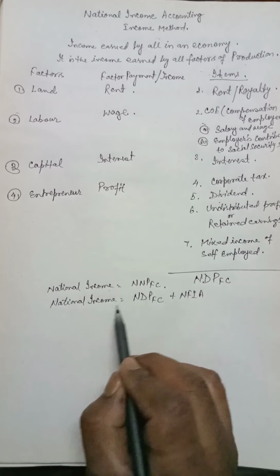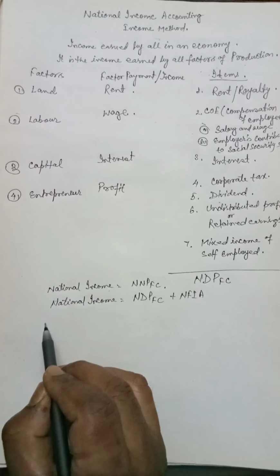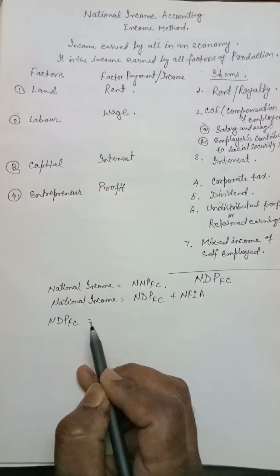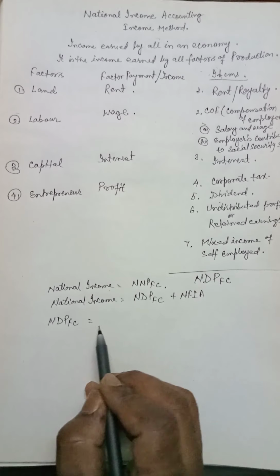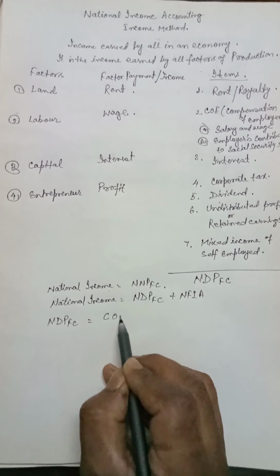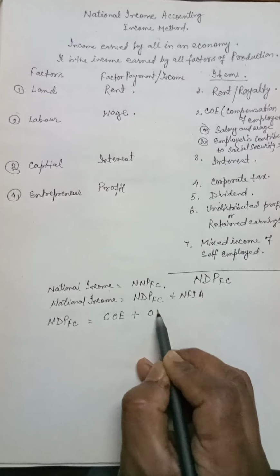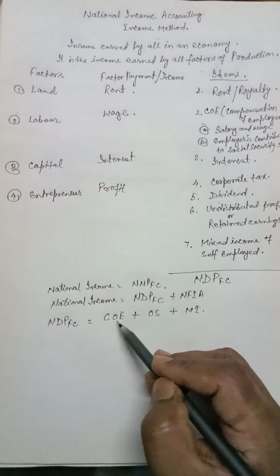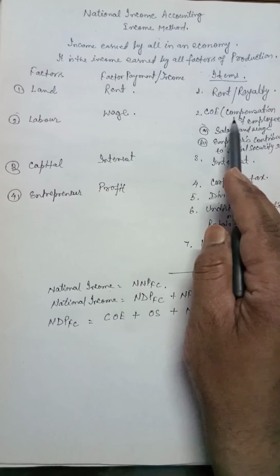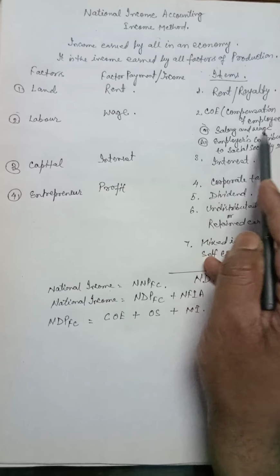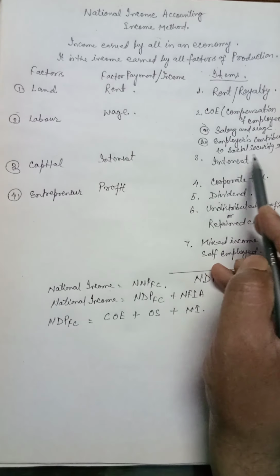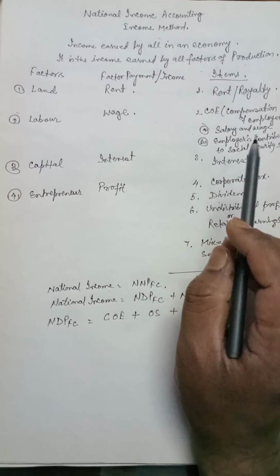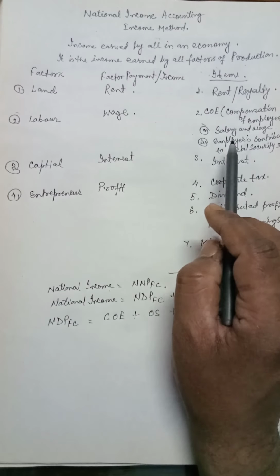It will give us national income. We can also write a shorter formula: NDPFC is equal to COE plus OS plus MI. Again, COE is the compensation of employees, which includes wages and salaries and employers' contribution to social security scheme. Although the list is a bit longer, you will get a question where only these two things we have to add.